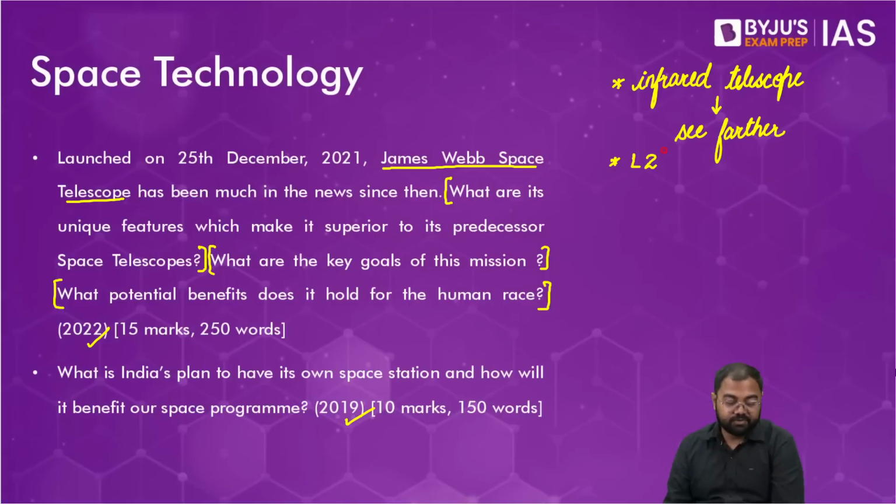But in the case of the James Webb Space Telescope, because it has been kept at L2, it is always shielded from the sun, and hence it will be able to give you better results. Apart from that, there are other features. For example, the sensors and the shields that have been used are far more superior compared to anything that we have seen until now.